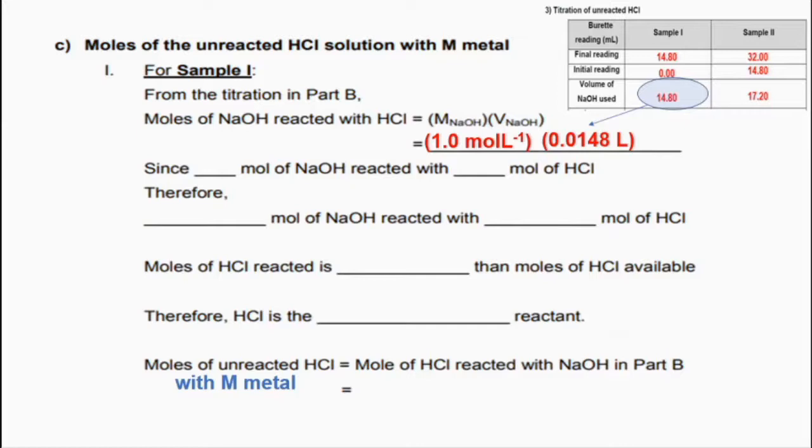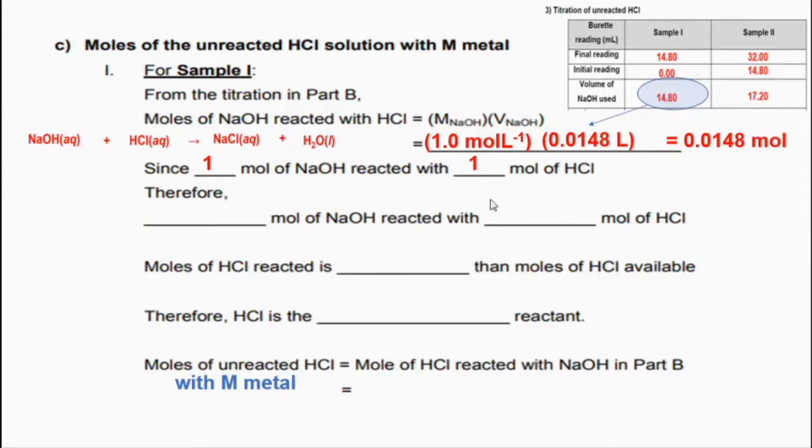And then if we look back at the balanced equation, 1 mole of sodium hydroxide reacted with 1 mole of HCl. If we calculate the moles of sodium hydroxide reacted with HCl here, it was just 0.0148 moles.